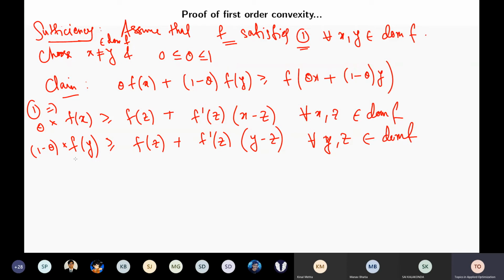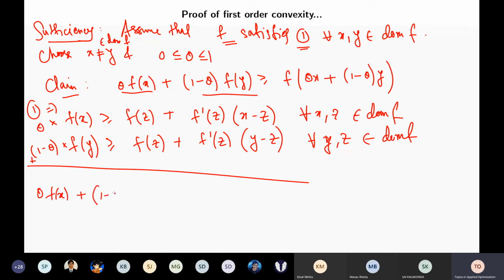And what should I do? I need to add, right? Because theta f of x plus 1 minus theta f of y is what I want to get. So I will add this, then I will get theta f of x plus 1 minus theta f of y is greater than or equal to, right?